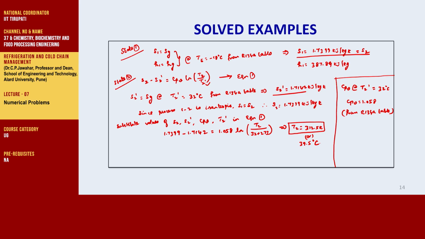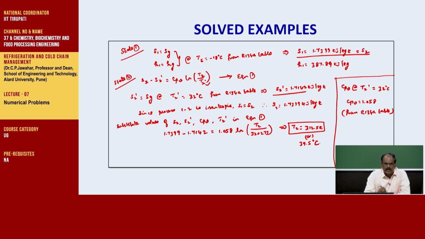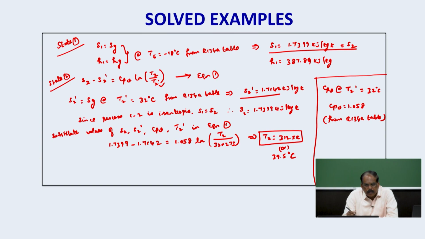Now we can find the superheated enthalpy at state 2, because we want to find H2. In order to find H2, we should know T2. In order to find T2, I have used this relation, like how we used it for a similar problem in the previous class. So now H2, the enthalpy at superheated condition, is equal to H2 dash plus Cp of vapor into delta T. Delta T is T2 minus T2 dash.